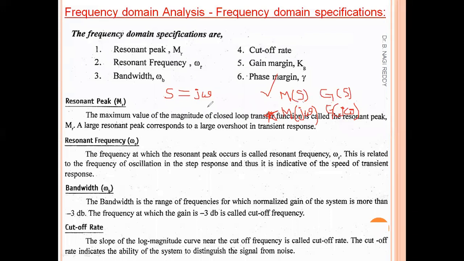And you know what, this representation of j omega is simply known as a sinusoidal transfer function. So M of j omega is the closed loop transfer function, which is also called the sinusoidal transfer function, where omega determines the frequency of the sinusoidal waveform.